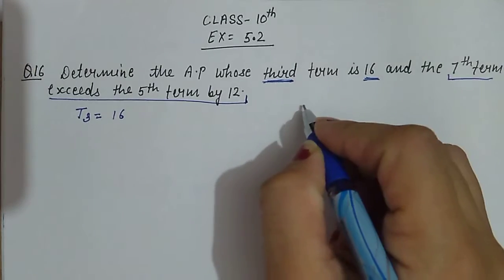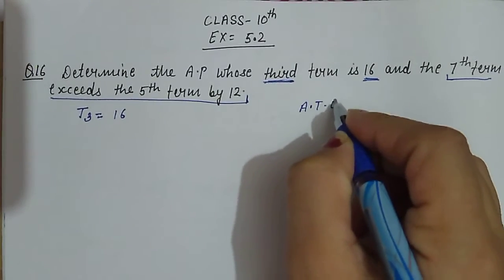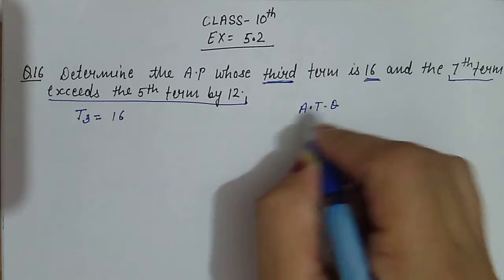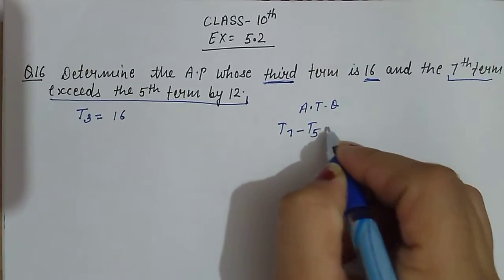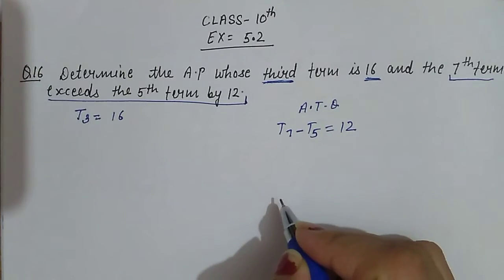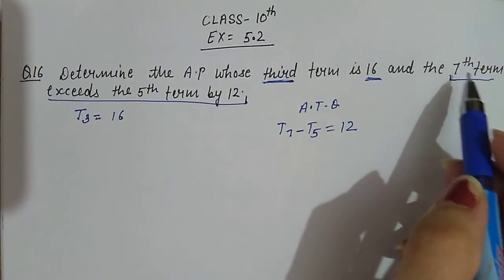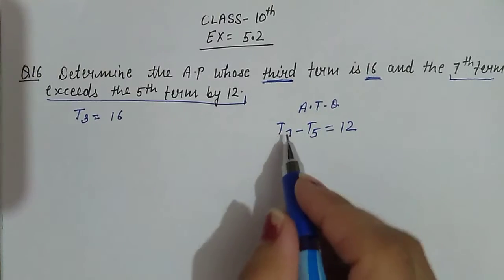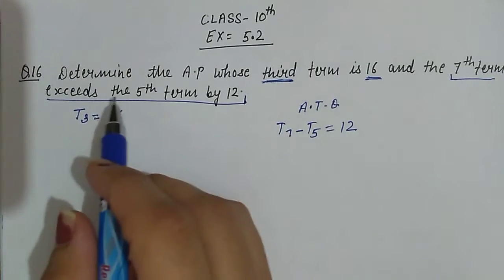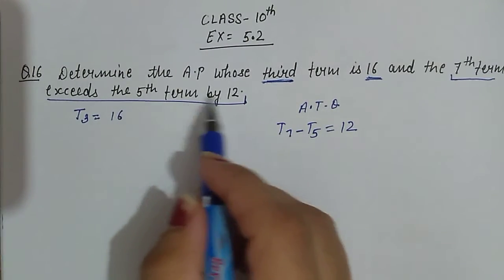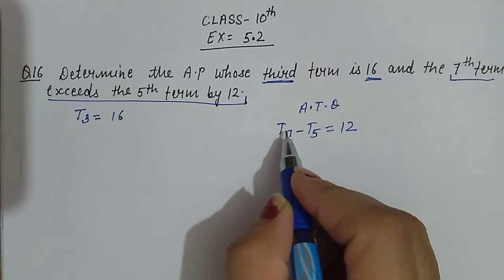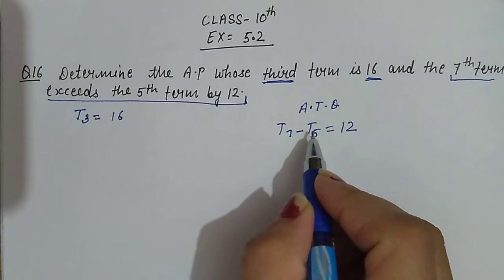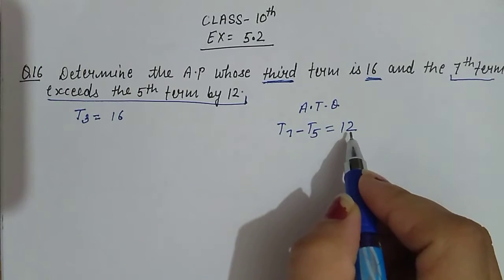So according to the question, how can we write it? T7 minus T5 is equal to 12, right? Why? Because the question is saying the seventh term exceeds the fifth term by 12. When this is the larger term and we deduct term 5 from it, we will get 12.